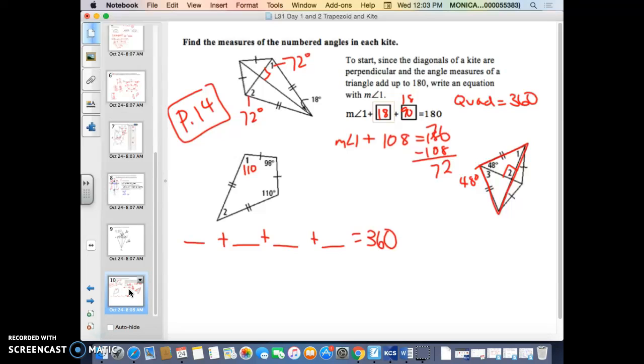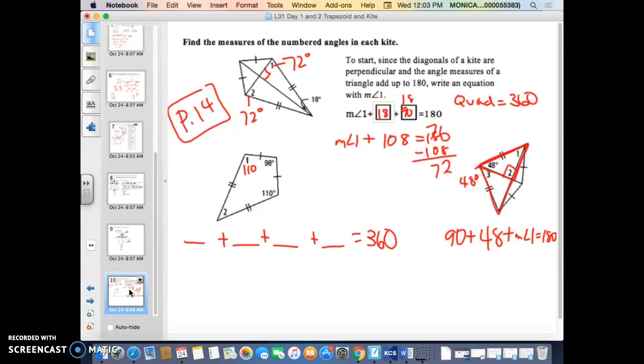I could do 48 plus 48 plus 2x, right? Or I could just look at this little triangle right here, and I could say 90 plus 48 plus the measure of angle 1 equals 180. Because the measures in a triangle equal 180. So there's a lot of fun ways to solve this problem.